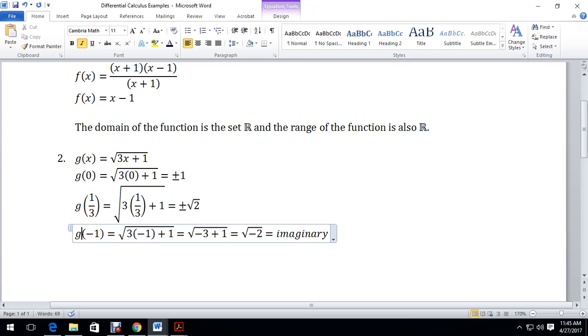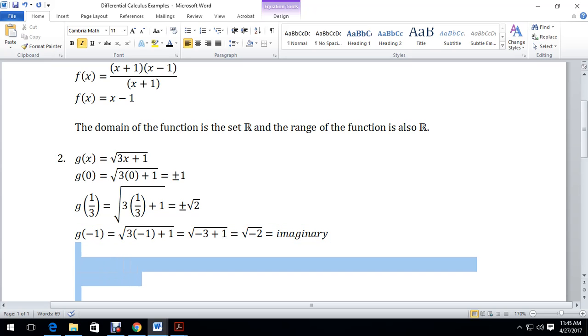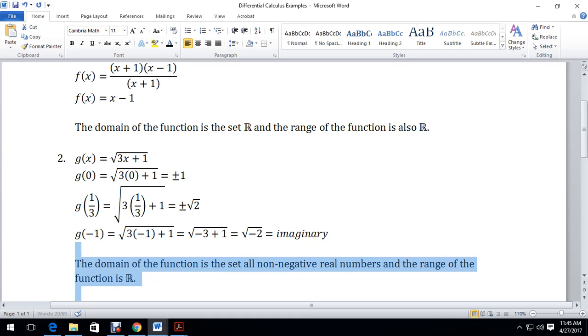So the question now is, what would be our domain for the given function g, and what would be our range? The domain of the function is the set of all non-negative real numbers. Since we can assign 0, 0 is a non-negative real number. We can assign fractions, we can assign rational numbers.